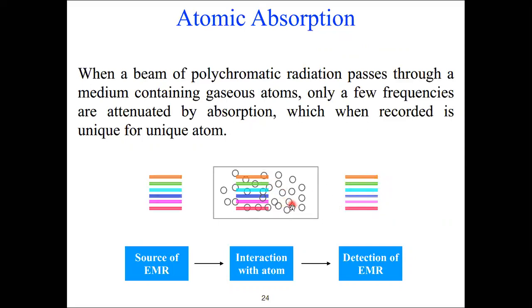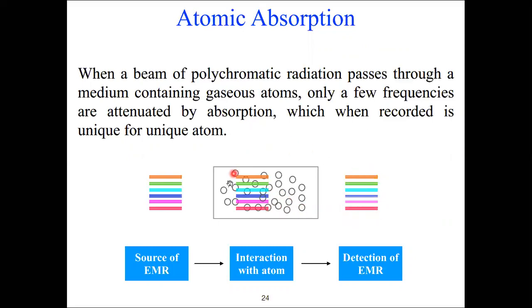In this picture, it shows that the pink color gets attenuated. See, it is less than what we started with. Similarly, the blue color is less than what we started with. However, the other colors were not absorbed.